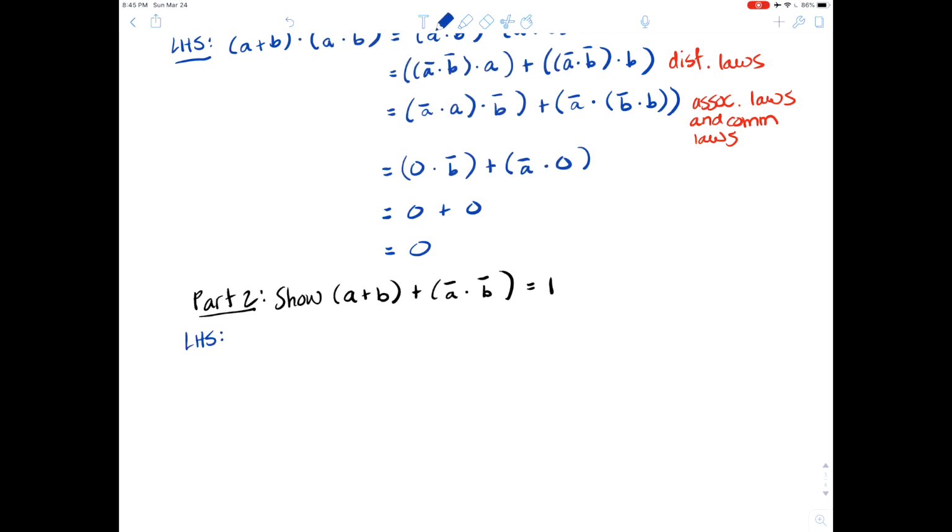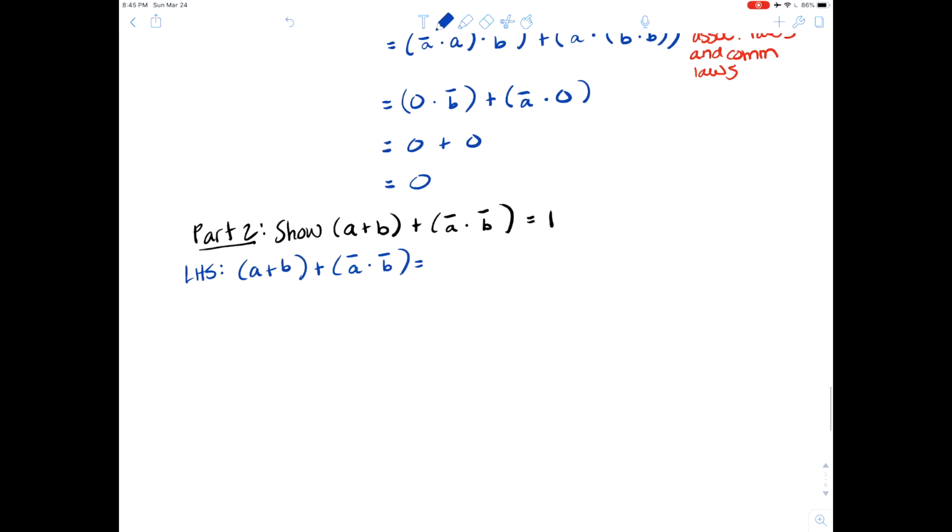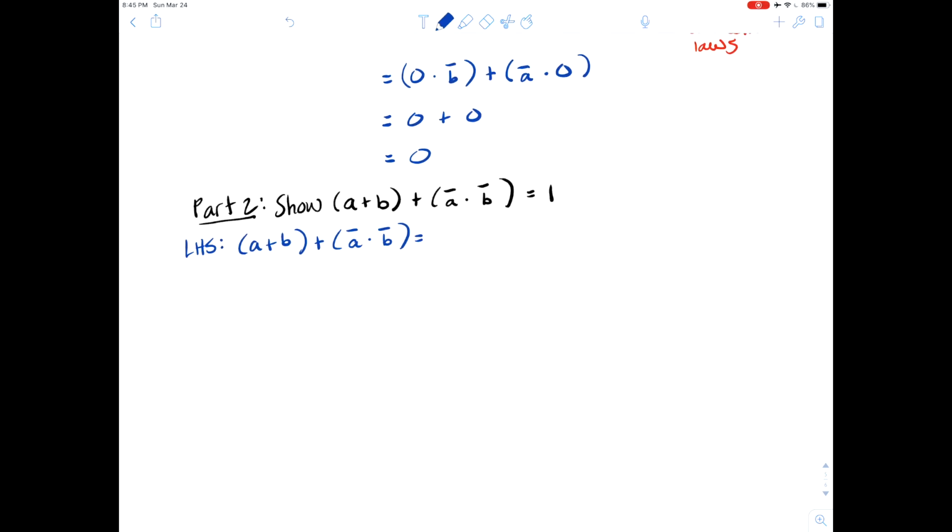Left-hand side, A or B, or not A and not B, equals. So for this one, do you see that by distributing this, it'll be easy to use that associative property after.